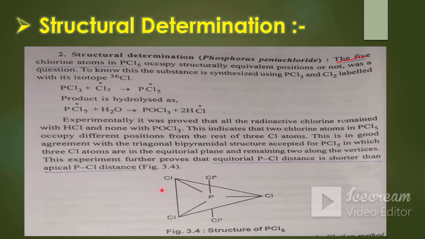This experiment further proves that the equatorial P-Cl distance is shorter than the apical P-Cl distance. This description is shown in the following figure, the structure of PCl5.